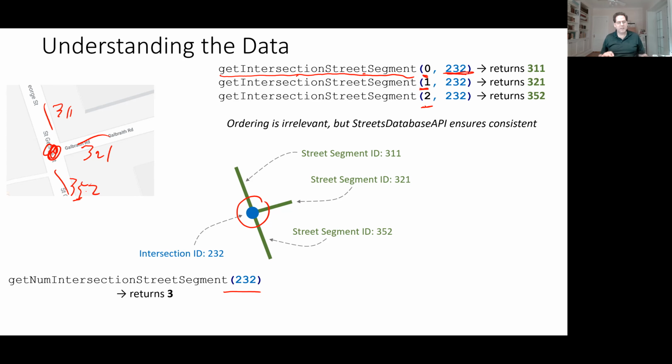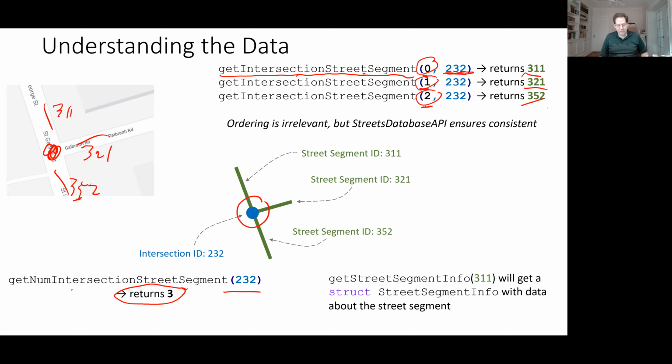There's no ordering convention here or anything. Basically, if I have 3 street segments that impinge on this intersection, which I get by asking this first API, then I know that I can ask about them by saying, give me the 0th, the 1st, and the 2nd, and I'll get the IDs. And I shouldn't assume anything about the relative order of those IDs. They're just integer IDs. Don't assume anything else about them.